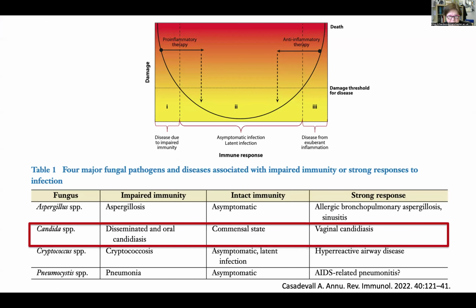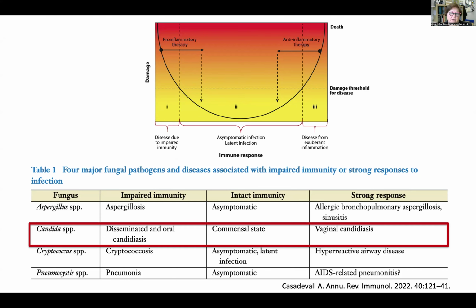The other aspect in considering whether it is colonization or infection has to do with the host immune status. So many of you have seen the Casadevall curve here, where the midpoint of the x-axis reflects a normal immune response, whilst the further left you go, the more immunocompromised your patient is, and the further right you go, the stronger the response of the patient.